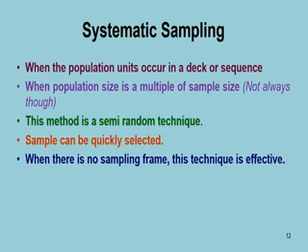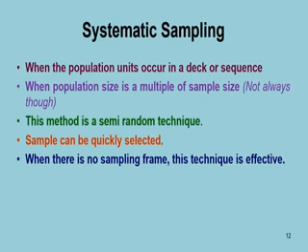This is generally used when the population units occur in a deck or in a sequence. One particular requirement of using this sampling technique is that the population size should be a multiple of the sample size. That means if you want a sample of size 13, then the population size should be a multiple of 13, say 65 or 78, like that.